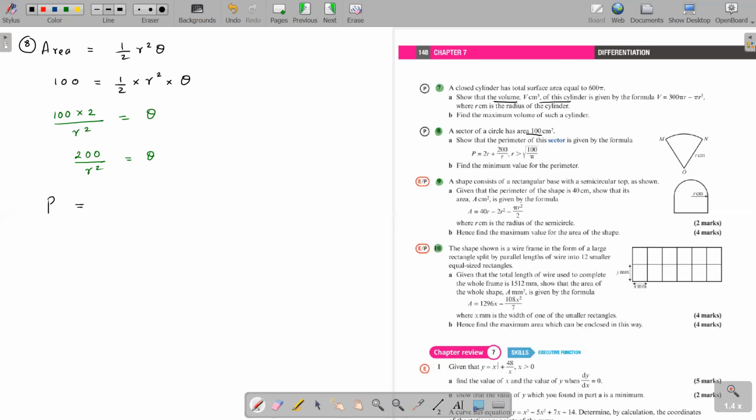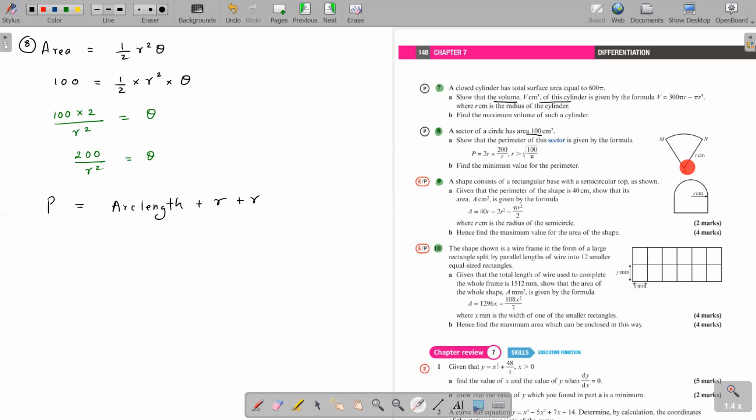So perimeter of the sector, there are how many parts? Perimeter means you have to include all the borders. So perimeter includes the arc length plus the radius, and there's another radius. Arc length plus 2r. Arc length is this curve length plus the radius and plus the radius. Arc length, the equation you learn in P1, is arc length equals r theta.